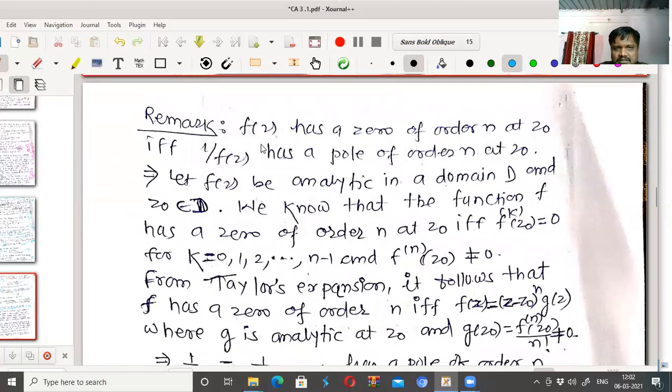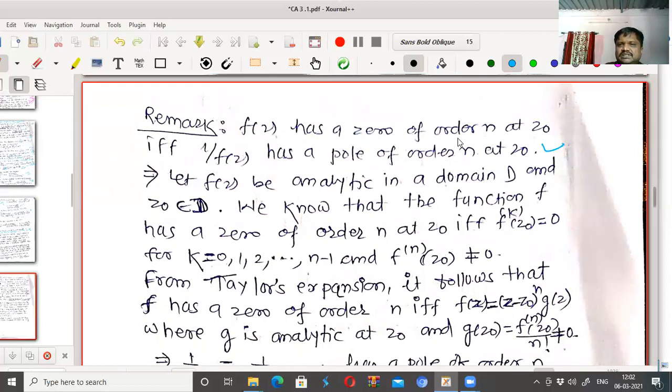We have one more remark. f of z has a 0 of order n at z0 if and only if 1 upon f of z has a pole of order n at z0. We know that. When we say that f of z has a 0 of order n, it can be written as z minus z0 to the power n into g of z. Right? This is f of z.